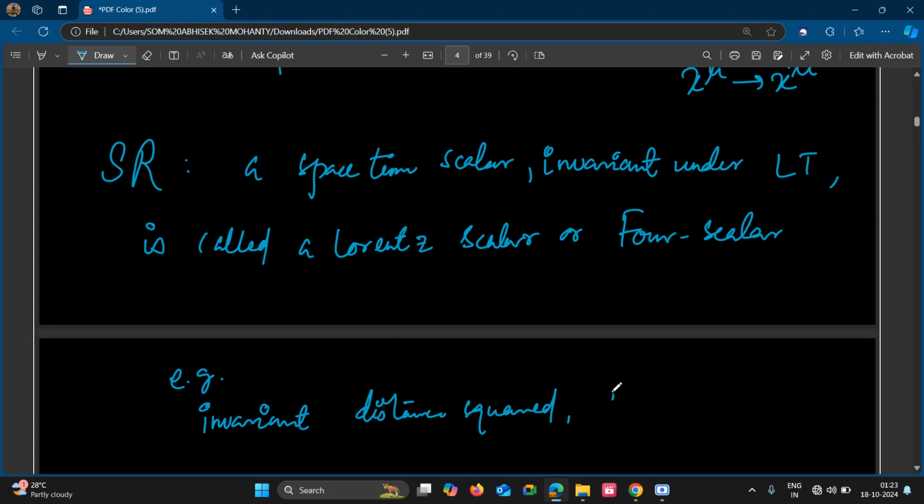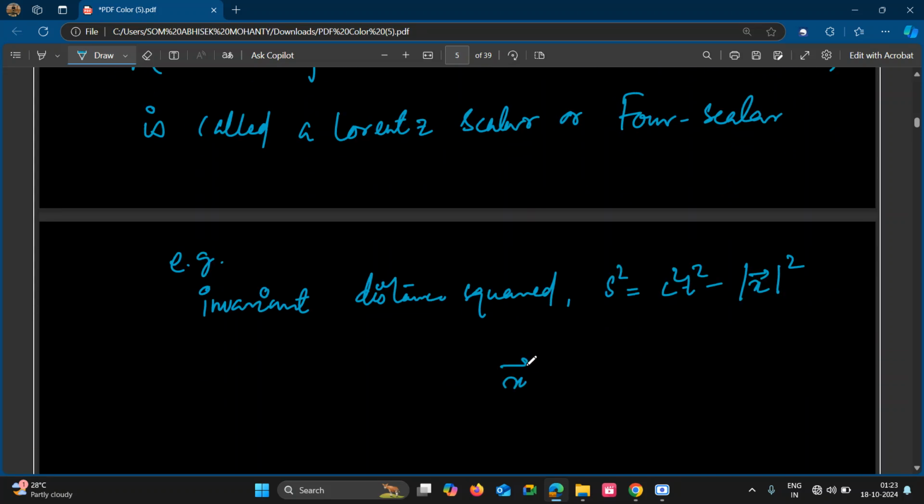That is s squared is equal to c squared t squared minus x vector. Here your x vector is actually x0, x1, x2, x3, which is basically ct, x, y, z.